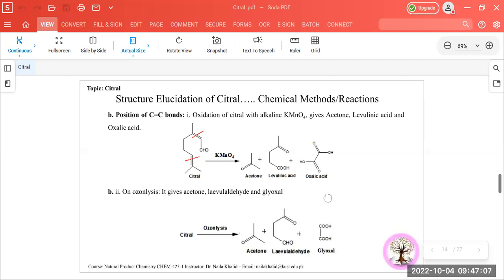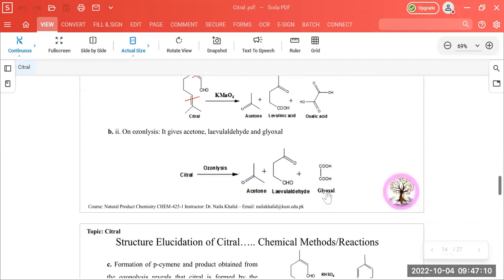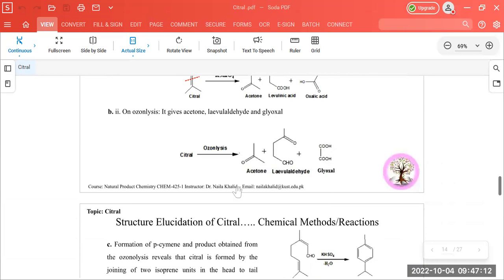After that, we carry out another oxidation, ozonolysis. When citral is treated with ozone, we get these three products. This also confirms the presence of two double bonds.